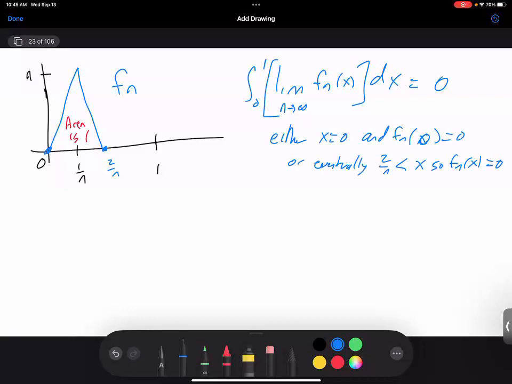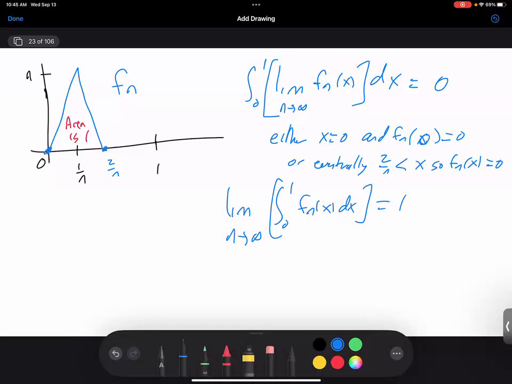So we know that this function will converge to 0 at each point. But what is the integral from 0 to 1 of fn of x dx? That's just 1. So this gives us an example where we have a sequence of continuous functions, but we can't interchange the order of integration.